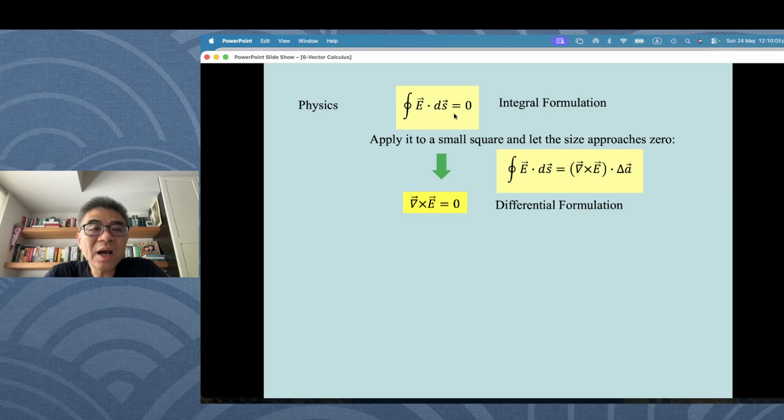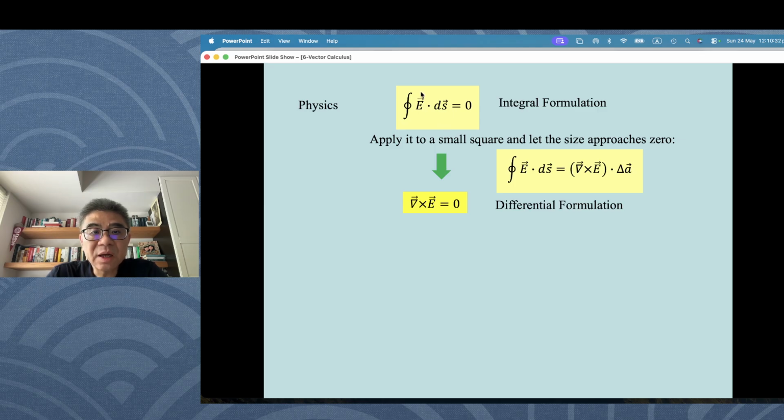Now I apply this law to a small square. Of course, a small square is a closed loop, so it could apply to a small square. And then let the size of the small square approach 0. But we have already derived that for a small square, the line integral is just the curl dot delta A.